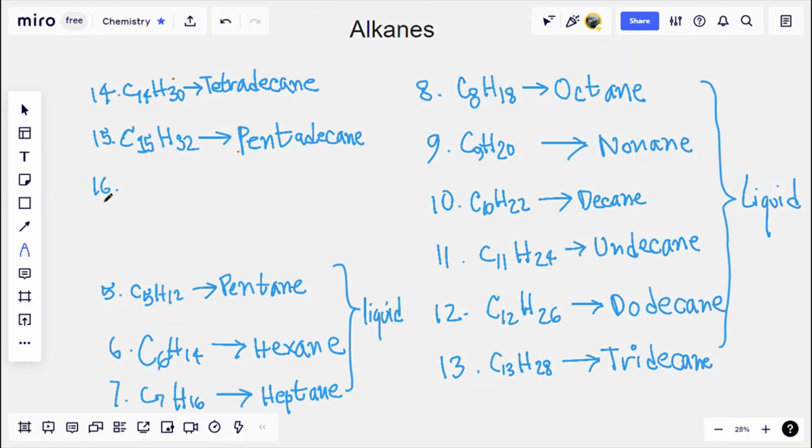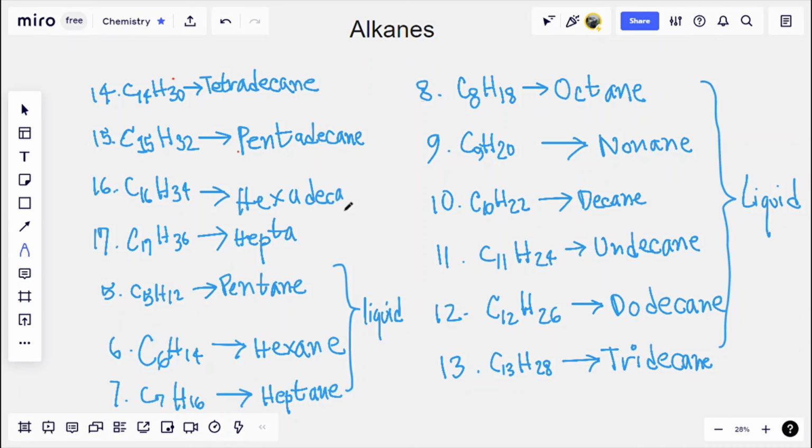The 16th and the 17th, C16H34 and C17H36. These both are known as hexadecane and heptadecane.